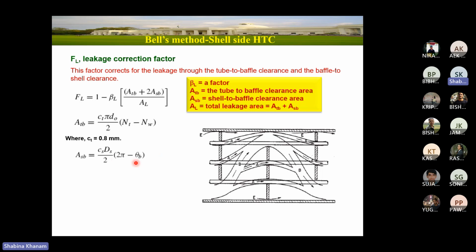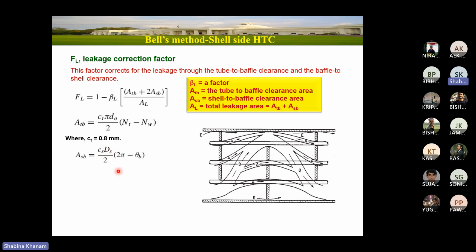Next, I am having ASB, shell to baffle clearance. Shell to baffle clearance, when I am considering this is E, this considered stream E, so that is CS ds by 2. Okay, let me first discuss this ds.